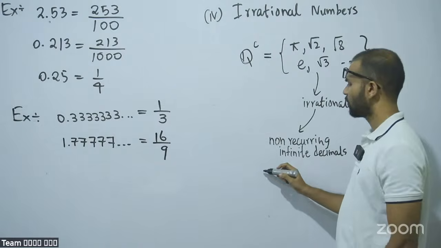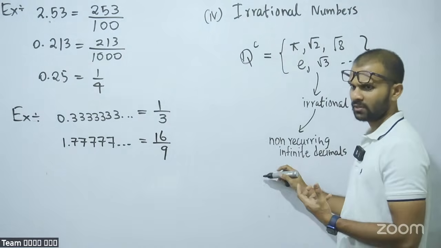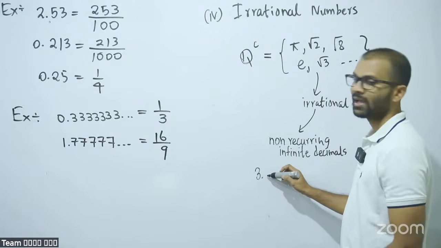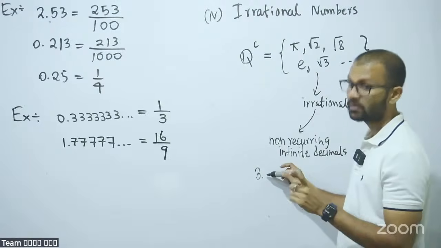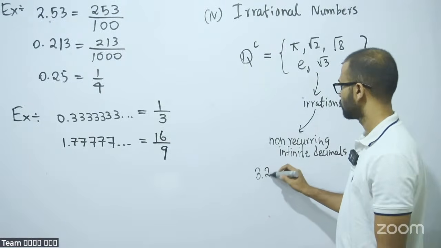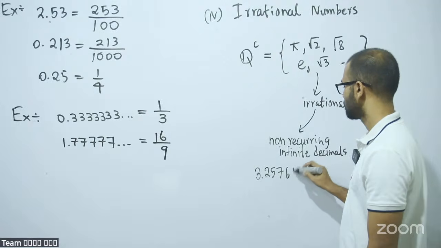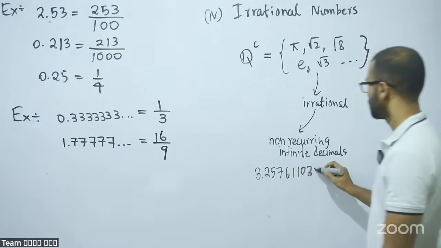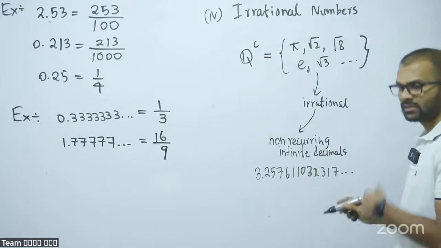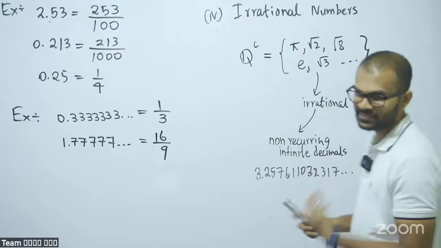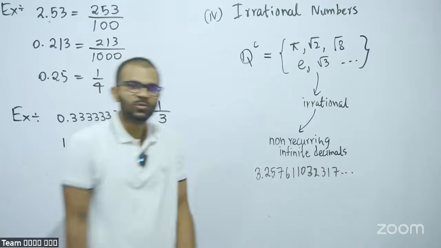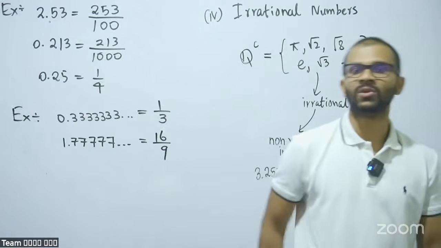It is a number containing a decimal part, but it never ends and it has no pattern. There is no pattern: 2, 5, 7, 6, 1, 1, 0, 3, 2, 3, 1, 7. We cannot find any pattern. So they are called non-recurring.